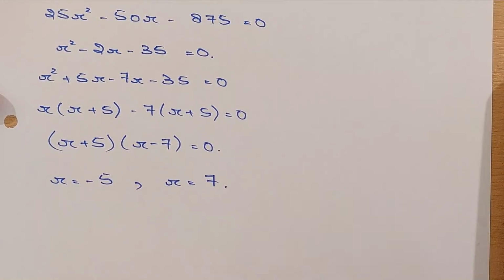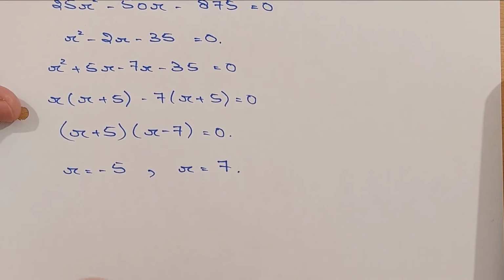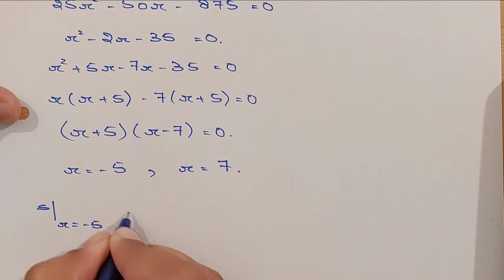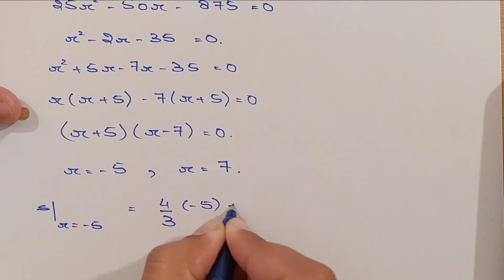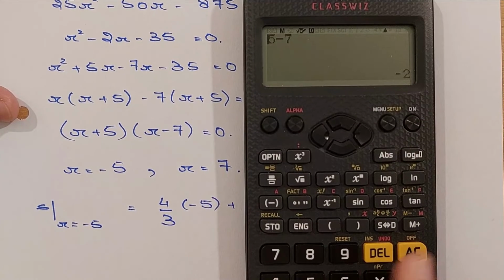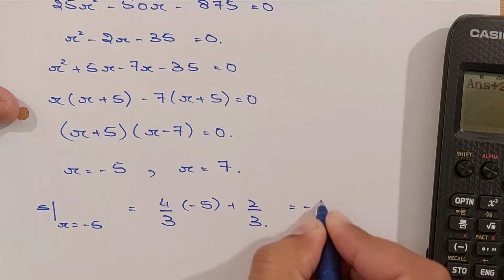Now corresponding to these two values, we have to solve for s. This is the equation of s. Let's substitute over here and we will get the two values of s. So s at r equals minus 5 is 4/3 times minus 5 plus 2/3, which is minus 6.